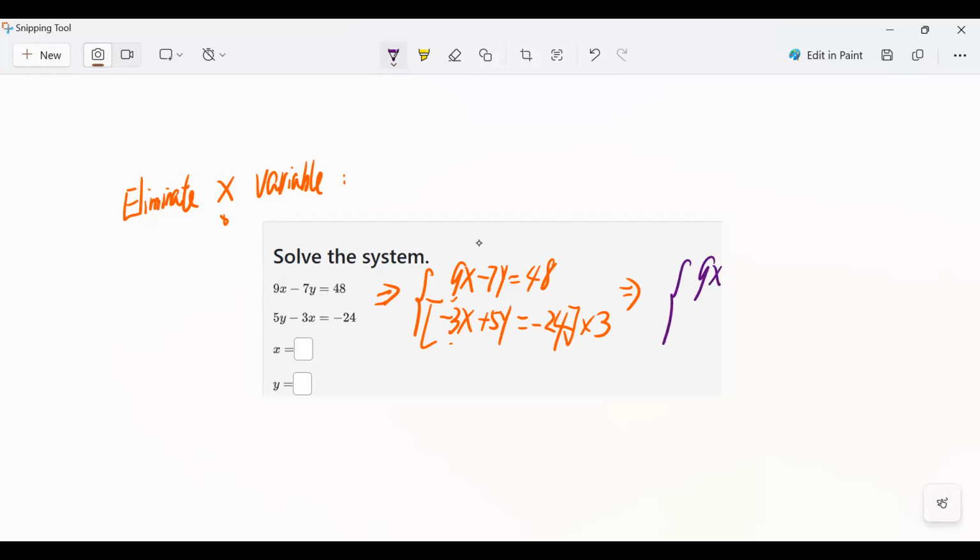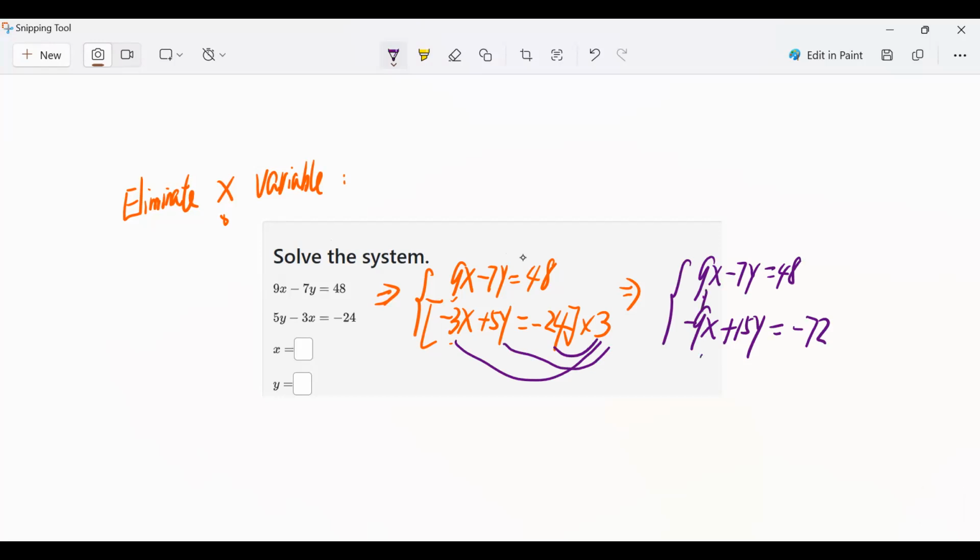Carry over the first equation. And for the second equation, multiply by 3: minus 3x times 3 is minus 9x, 5y times 3 is 15y, and minus 24 times 3 is minus 72. And these two terms are opposite.